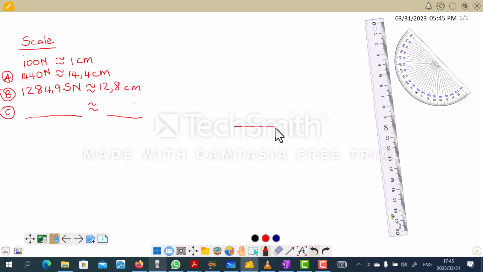This is the heavy object that we have, and then we have the normal, and then there is that angle from this point going this way, and then there is another one from this point going that way.